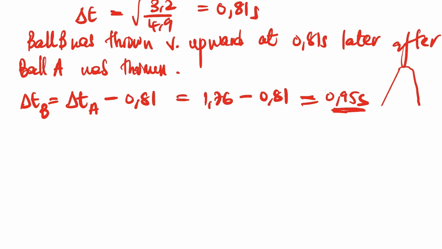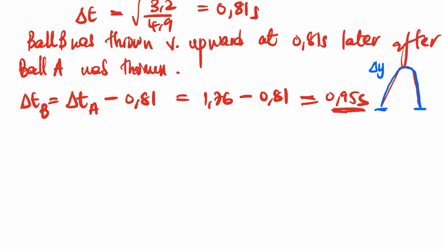So now, knowing the time that it took ball B, we can simply calculate its initial velocity. Remember the question wanted its initial velocity. Guys, another thing you need to note here, ball B was thrown like this. When the ball is thrown like this, it returns to the same position.